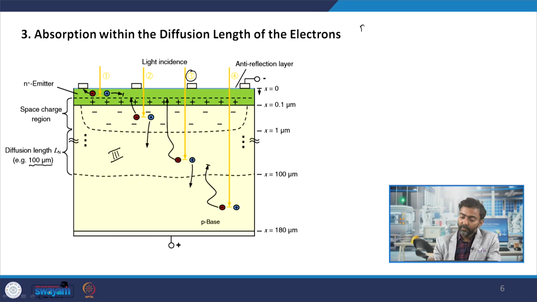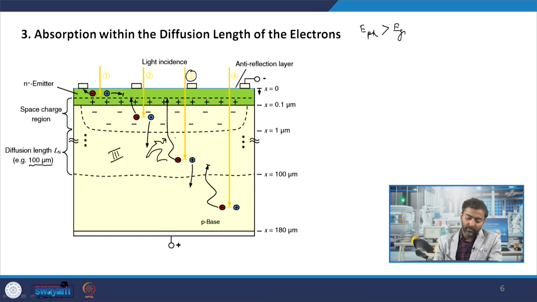Again, for all the other photons, we have assumed that the photon energy EPH is greater than the band gap energy EG. So it is also producing an electron hole pair. Now, when this electron hole pair gets created, this electron will wander aimlessly here and there, because there is no driving electric field to suck it up.